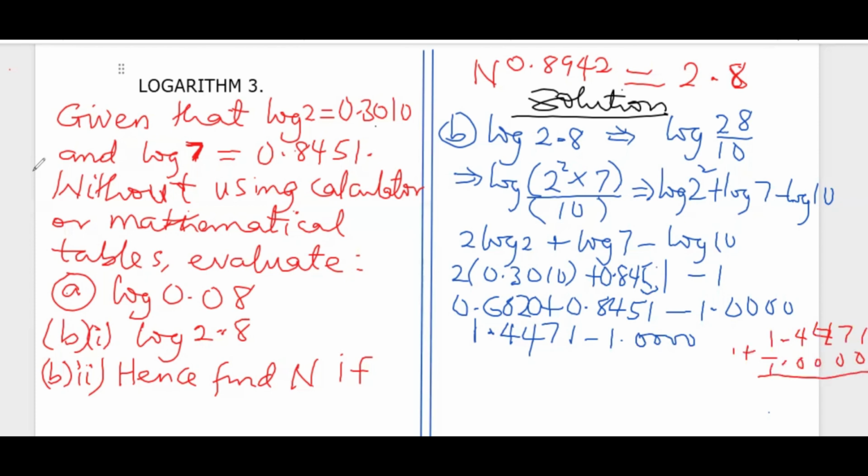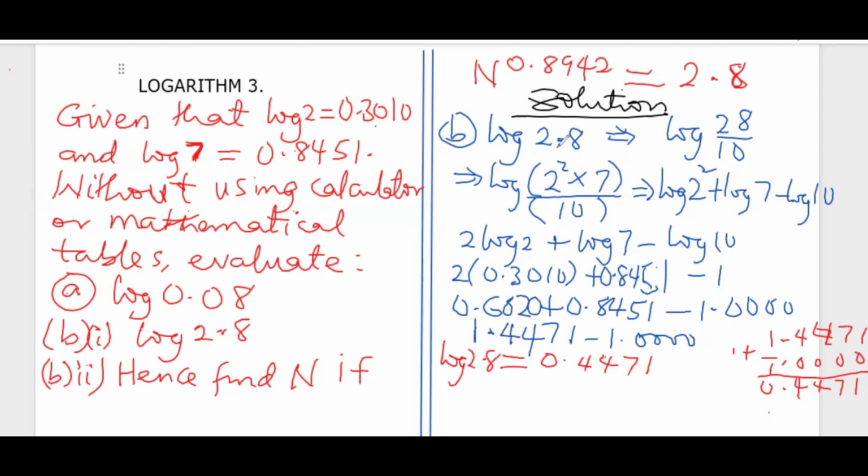So if you add, you have 1.4471 points. 1 plus 1 is like 1 plus negative 1, so it's 0. You get 0.4471. That's the answer you get for logarithm of 2.8. That means logarithm of 2.8.